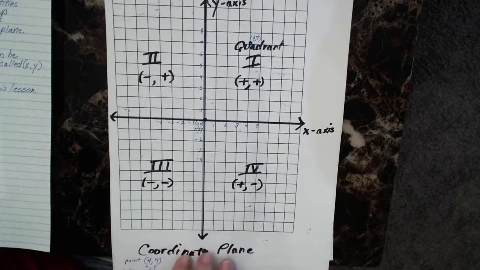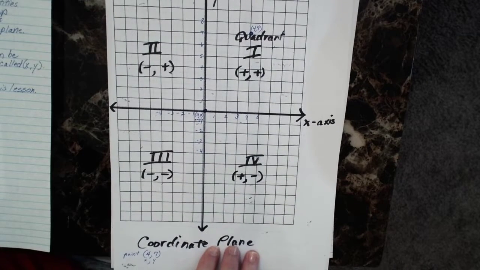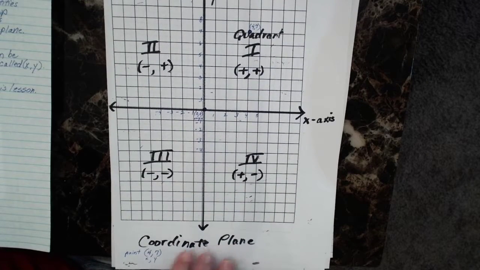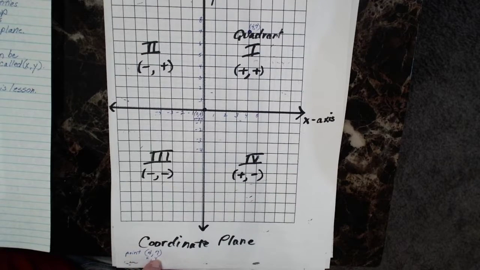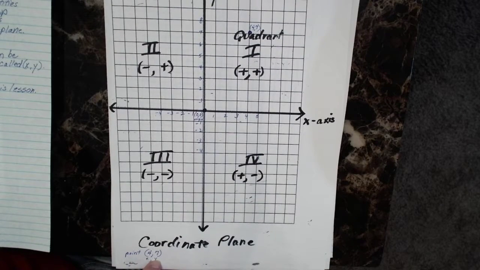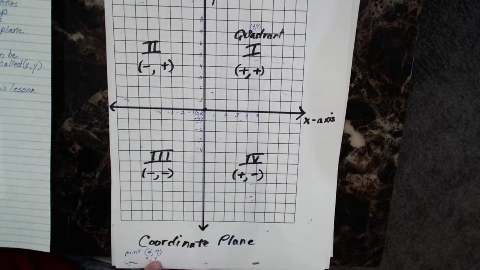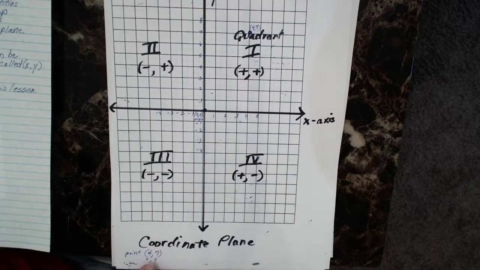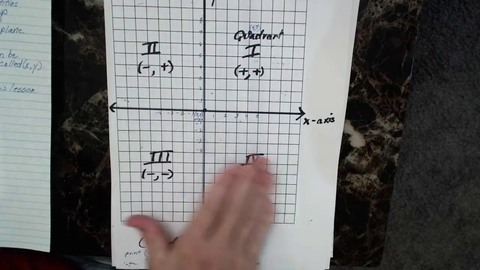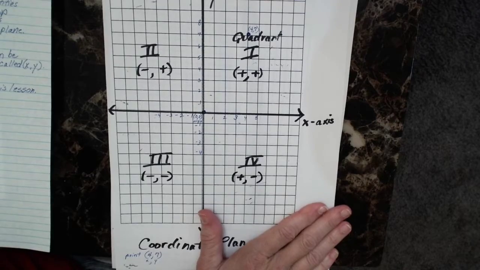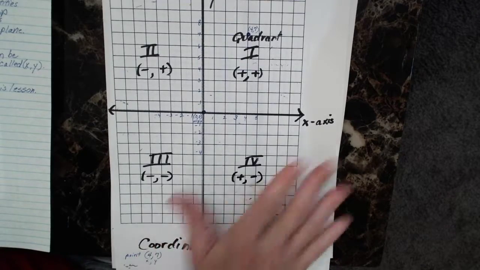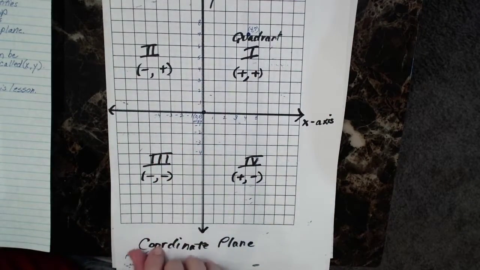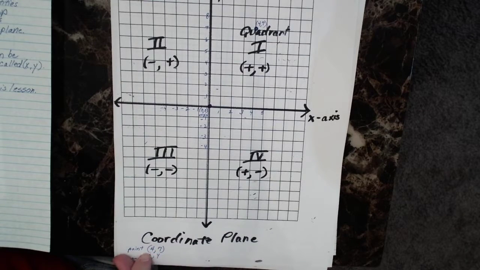So a coordinate plane means you're going to use coordinates. Coordinates are an x value and a y value. Together, an x value and a y value will allow you to create a point somewhere here. So you can find where you are on this coordinate plane when you have an x and a y value.